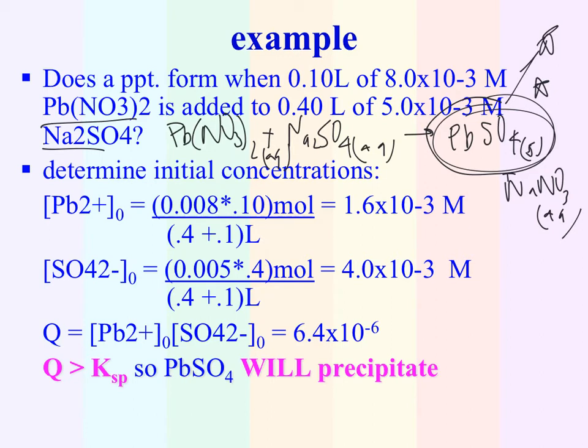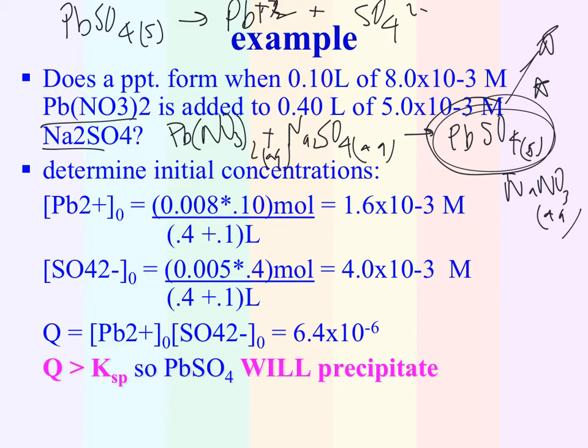This lead sulfate, PbSO4, is going to break into Pb2+ plus SO4 2-. Those are the species we're paying attention to, and the species we can actually get values for. That allows us to write our Q expression as follows.